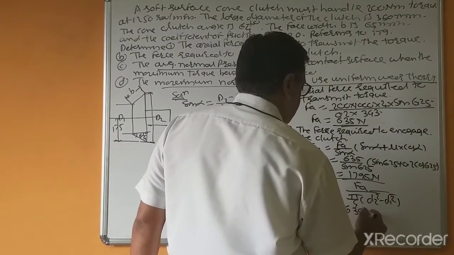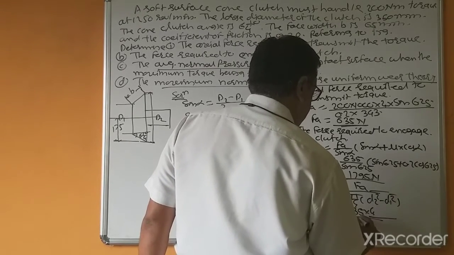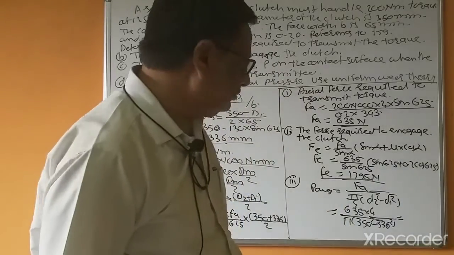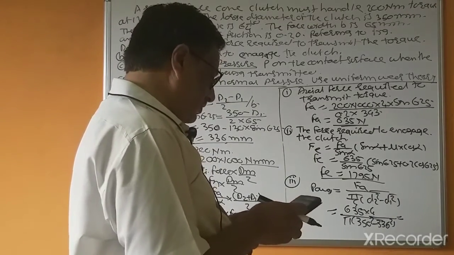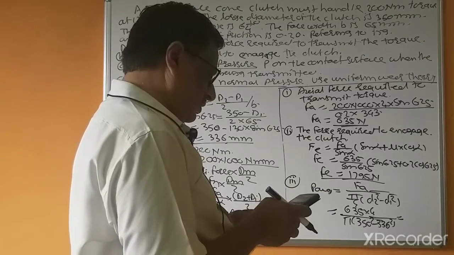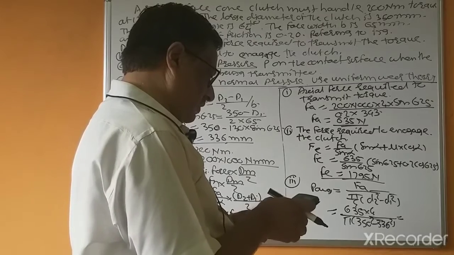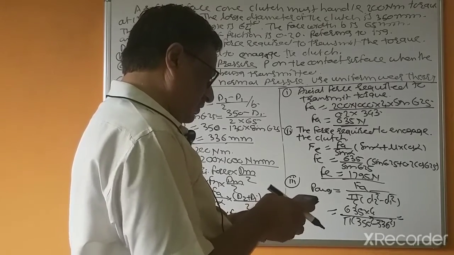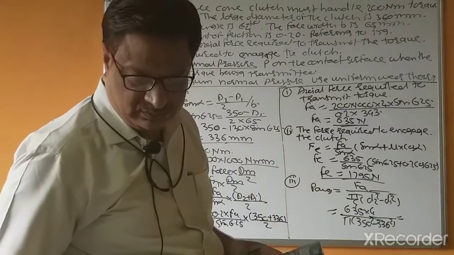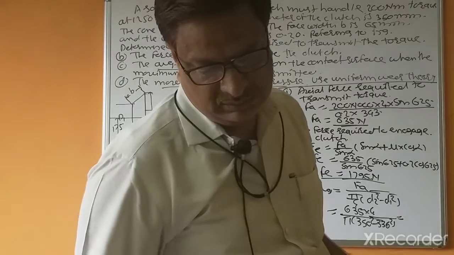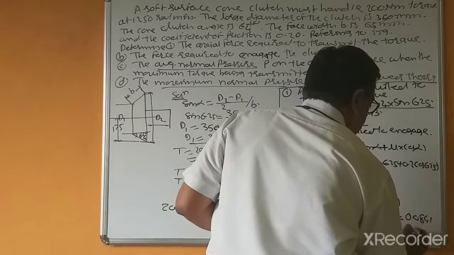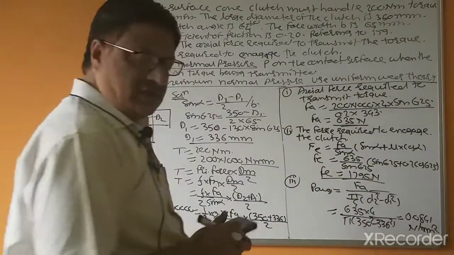So this is 635 multiplied by 4 divided by pi, divided by bracket 350 square minus 336 square, bracket close, equal to 0.841 Newton per mm squared. So this is the average pressure.